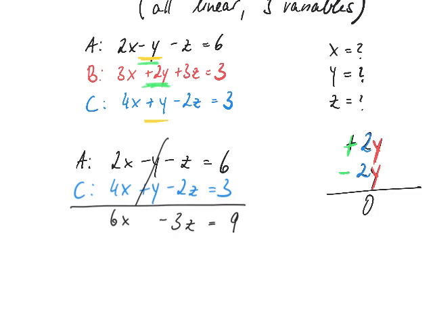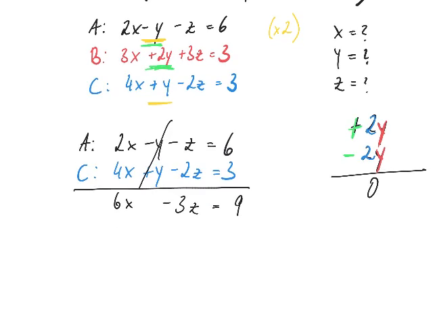So I need to multiply the whole equation by 2 so that I can get a minus 2y there. So I can write here 2A. That's what I have, 2A now.